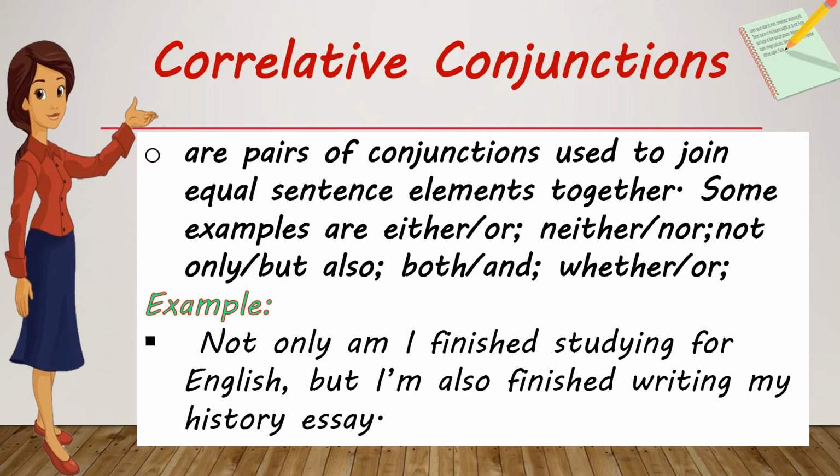Example: not only am I finished studying for English, but I'm also finished writing my history essay. Okay, so we join equal sentence elements together using the correlative conjunctions not only but also.